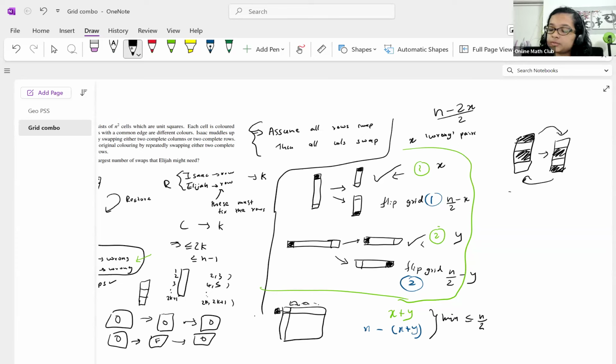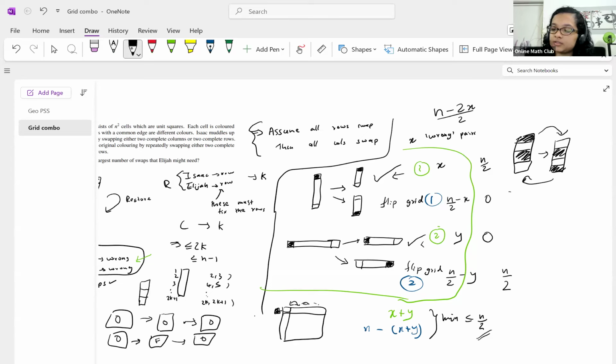For example, if Isaac just swaps all the rows, then X becomes N by 2 and Y becomes 0, because he's not swapping any columns. So this one becomes N by 2, and you are achieving an equality case. That's how you end up with the final answer of N by 2, and that itself is the construction.